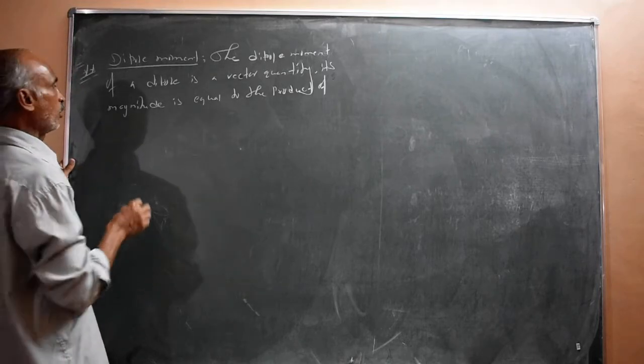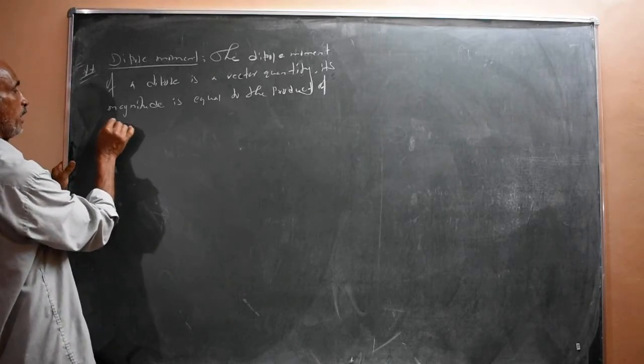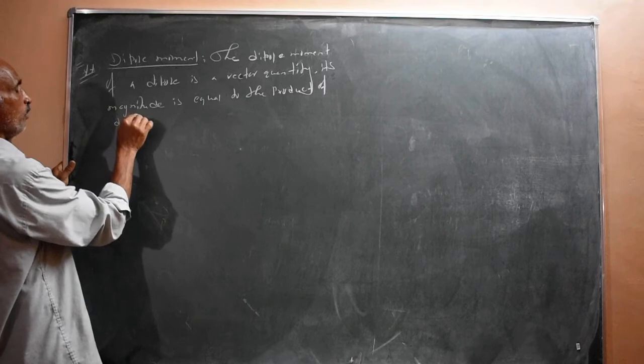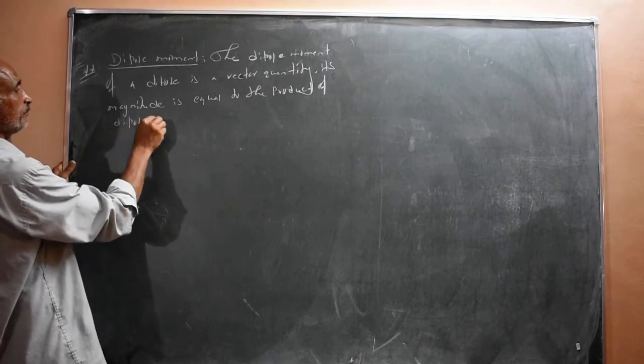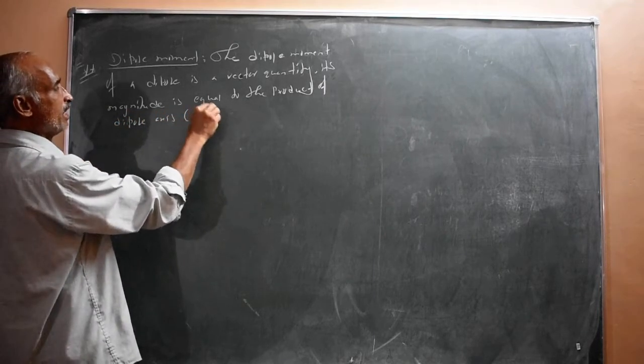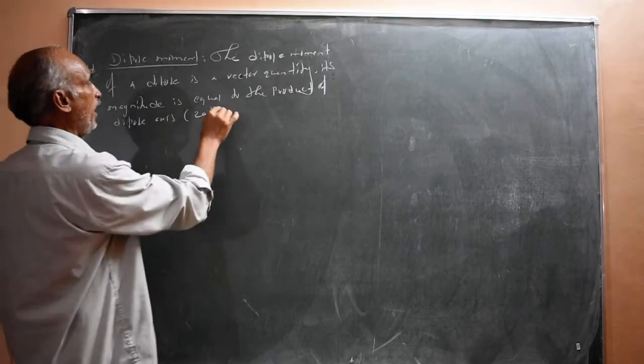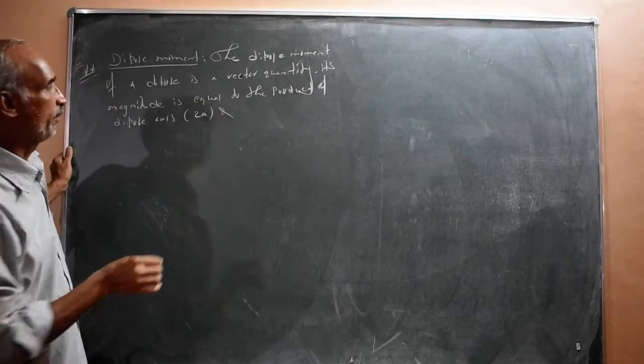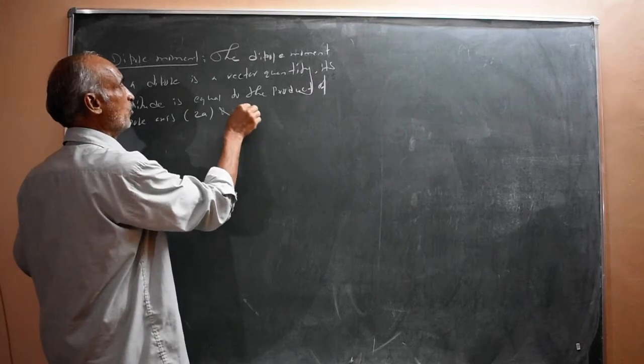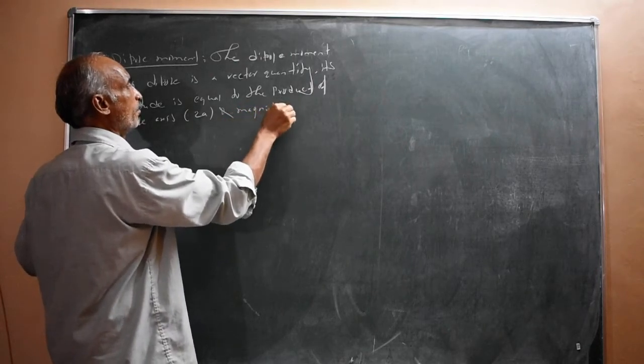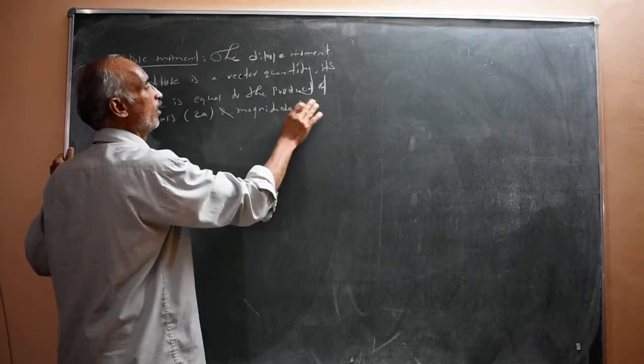It is equal to the product of the dipole axis length, that is 2a, and the magnitude of any one of the charges.